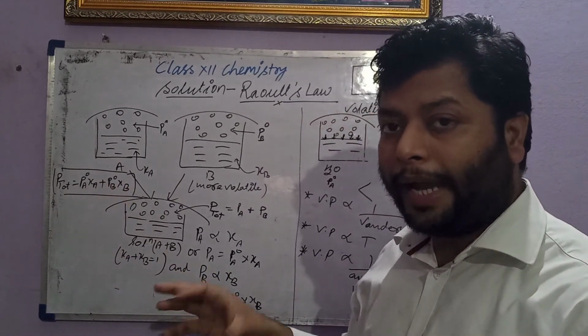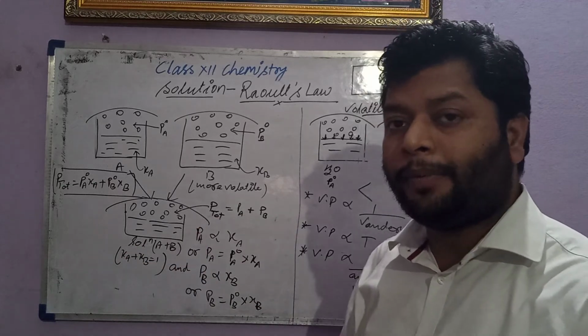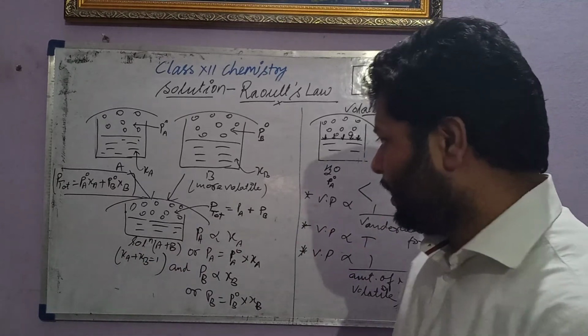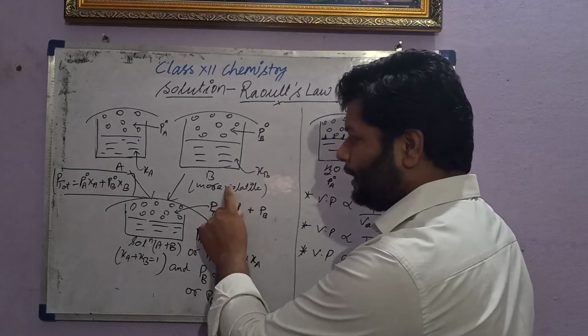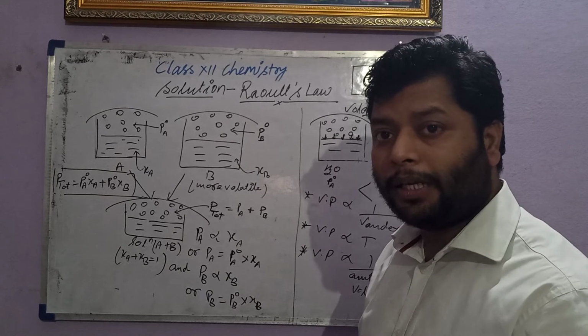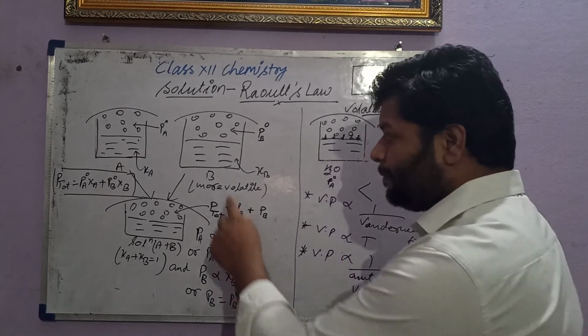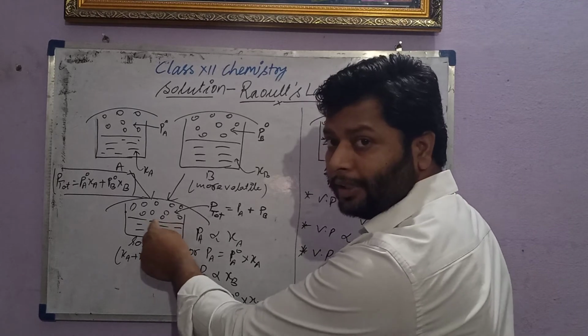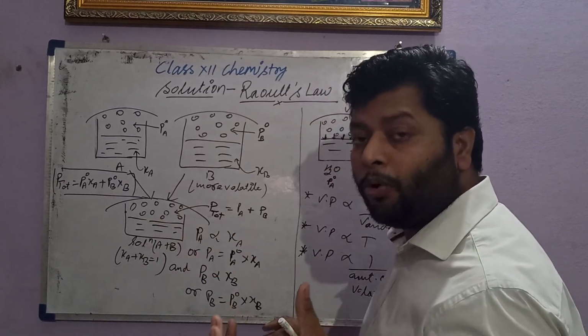But this formula can be evolved in terms of the mole fraction of any one of the components. Initially, I am taking B as the more volatile component. If B is more volatile, then in this solution B will be more evaporated.